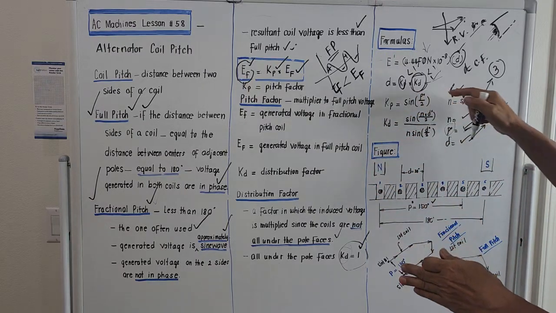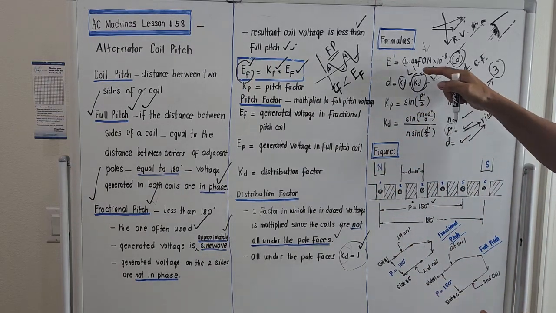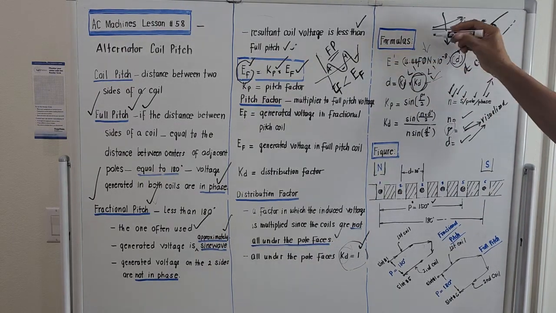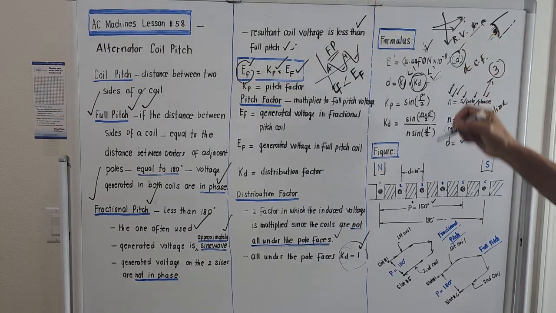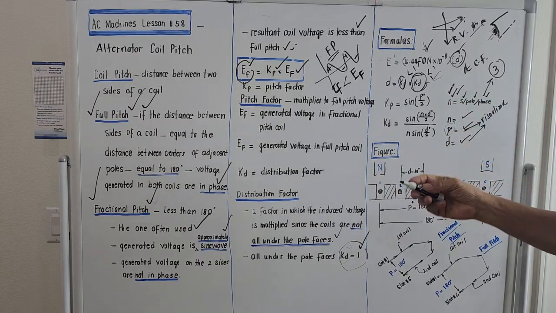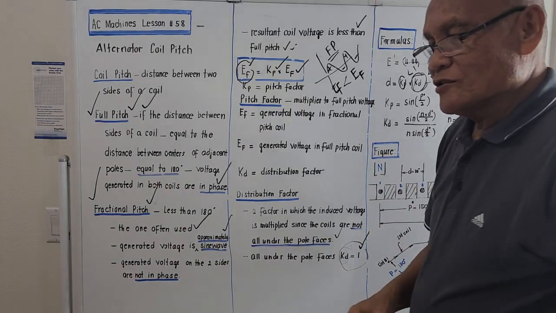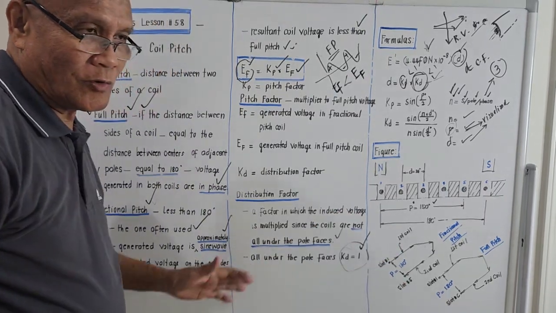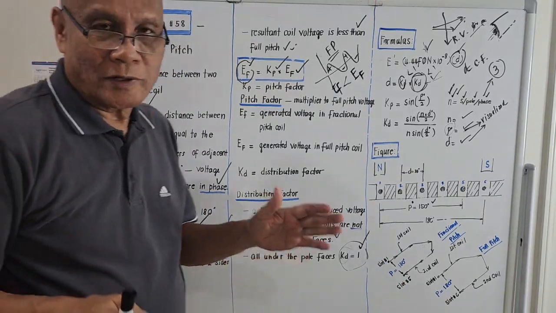And if you multiply that to the theoretical value for this induced voltage here, of course, the corrected value will be less than the theoretical value, because it is multiplied by the values of K sub P and K sub D. Okay, that's it, guys. That's the effect of the so-called pitch factor and distribution factor in the voltage generation of alternators.